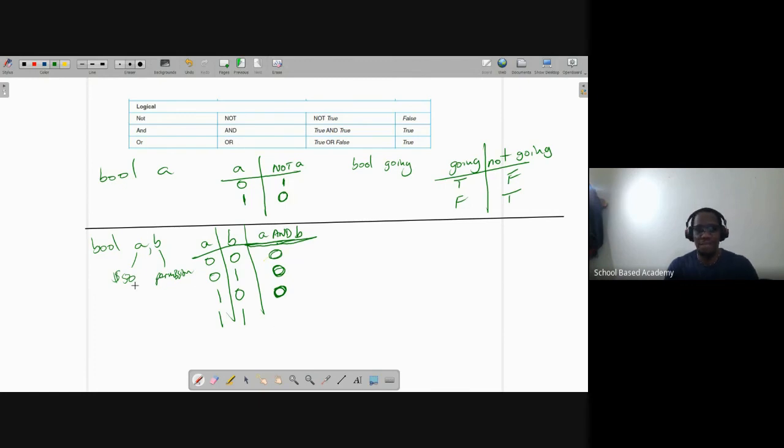But if you have the $50 and you have the permission, then you are able to go. So only when both values are true, then the expression with an AND is true.